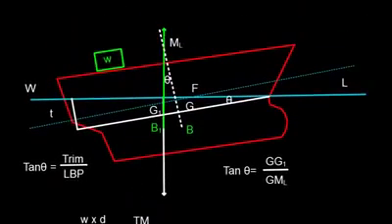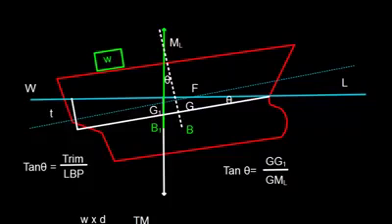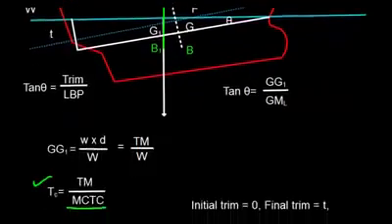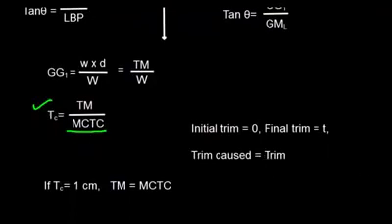Let's go back here. So the initial trim was 0. Well, the ship was at even keel. This was the water line. Initially the water line was like this, so the forward draft and aft draft were equal. However, when the ship has trim, the forward draft is only this one and the aft draft is this one. The difference is the T. So trim cost is equal to trim.